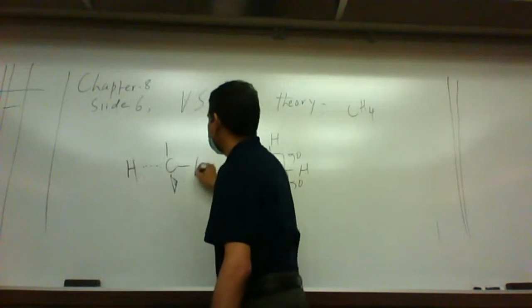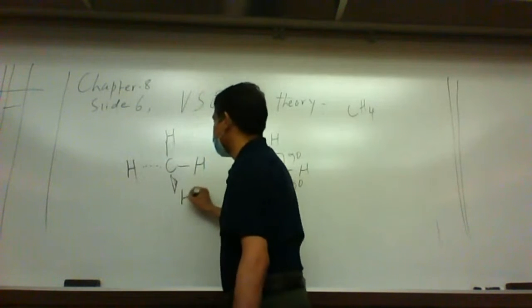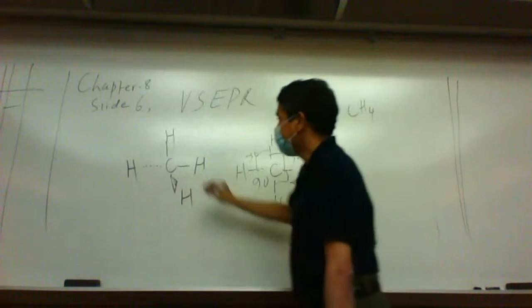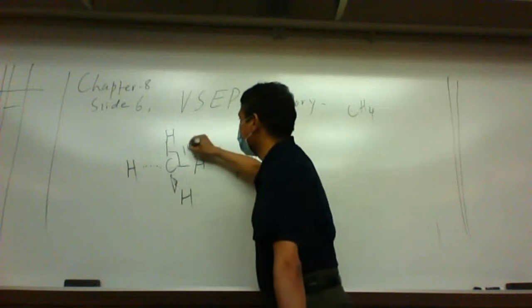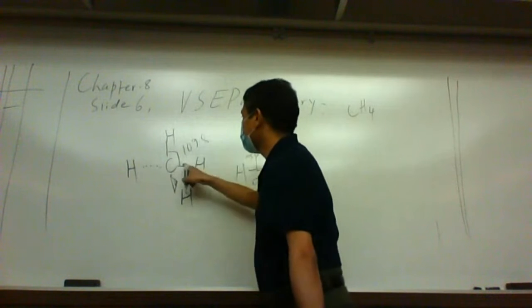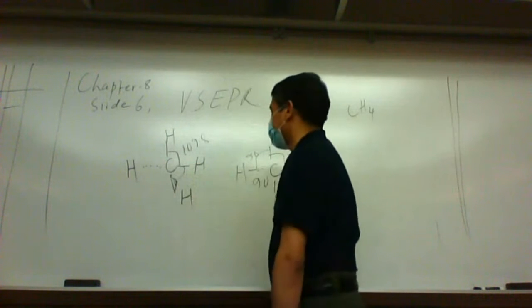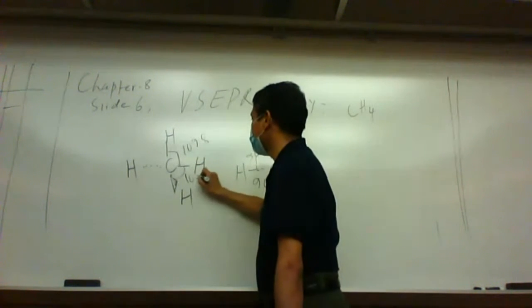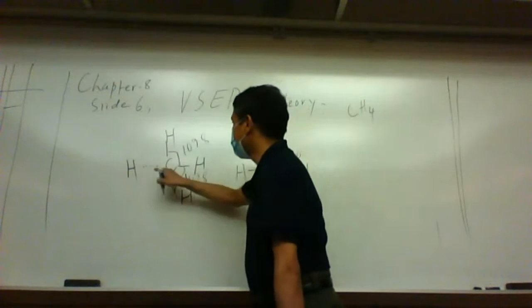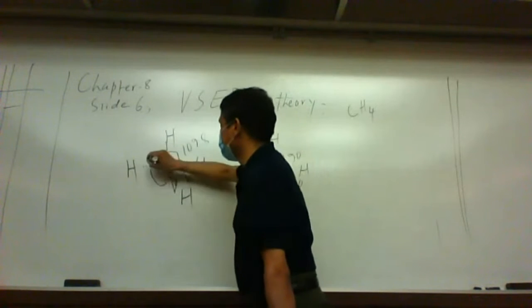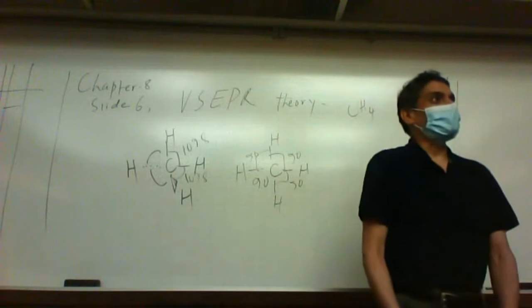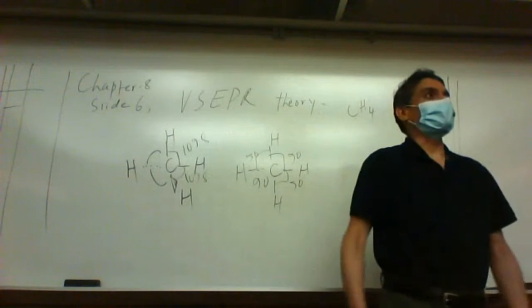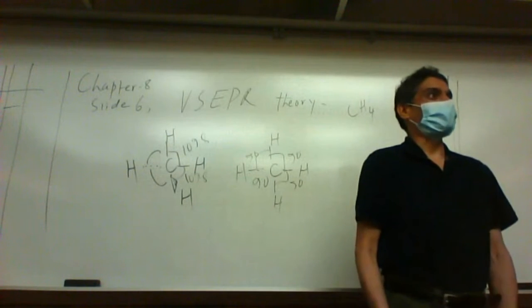So one H is here, one H is here, one H is here, one H is here. It looks like that, and the angle between this and this is not 90, it is 109.8 degrees. The angle between this and this is also 109.8 degrees, and between this and this is also 109.8. So the molecule is most stable if the angle between the atoms is 109.8 degrees.